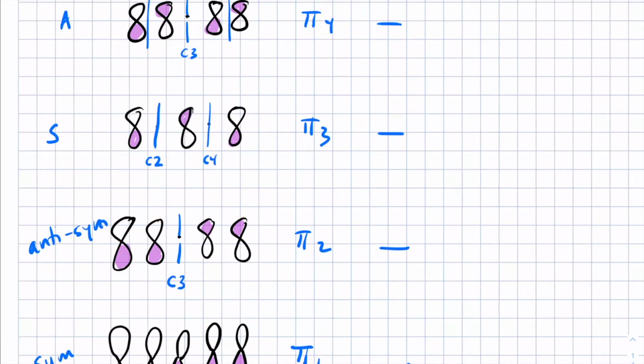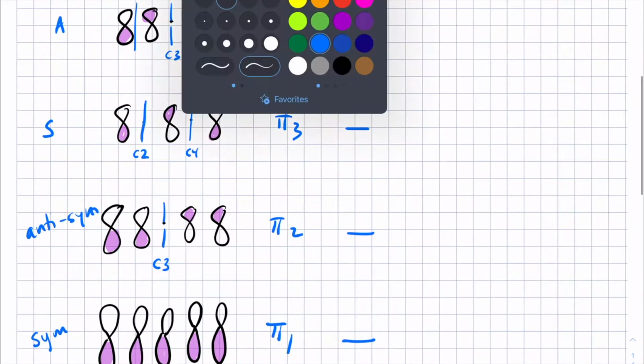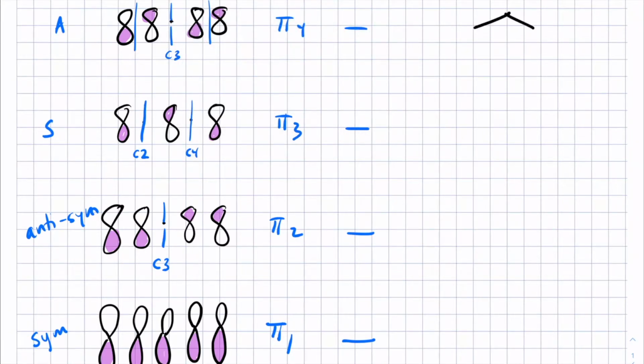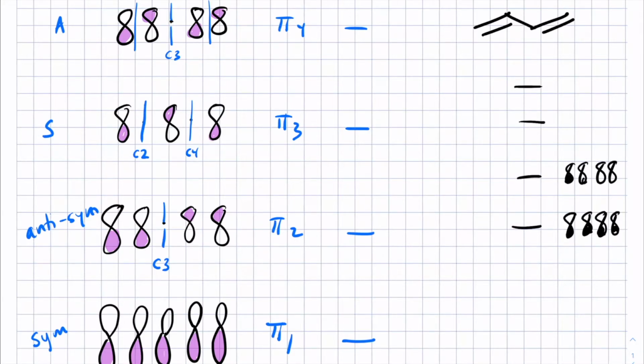And in fact, it's sort of an even versus odd thing. If you have a pi system with an even number of atoms, like 1,3-butadiene, which has 4 pi orbitals, they have nodes, but none of them are on the atoms.